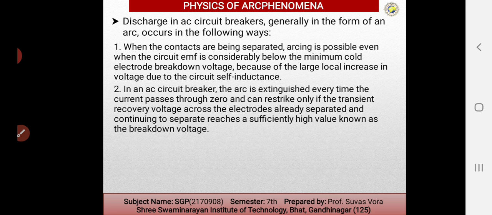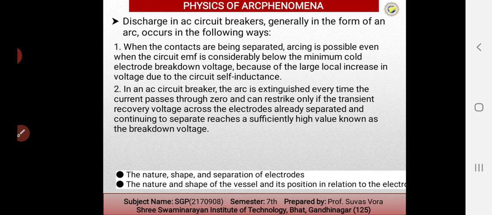And the second one is, in AC circuit breakers, the arc is extinguished every time the current passes through zero and can strike again only if the transient recovery voltage across the electrodes, which continue to separate, reaches a sufficiently high value known as the breakdown voltage.